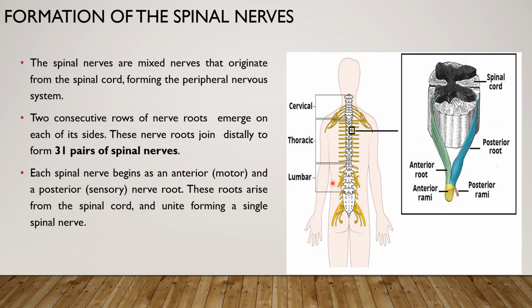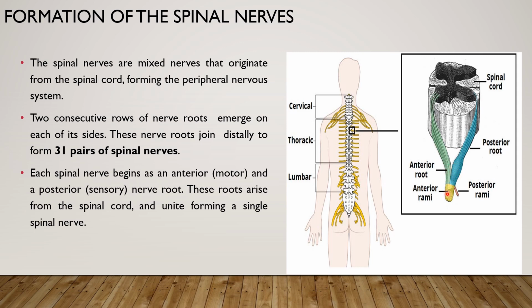In this image you can see there are a total of 31 pairs. They are organized like this: cervical spinal nerves, thoracic spinal nerves, lumbar spinal nerves, corresponding to the number of vertebrae in that particular region of the spinal cord. Then from each side two consecutive rows, anterior and posterior. After leaving the spinal cord or vertebral column, they join together.